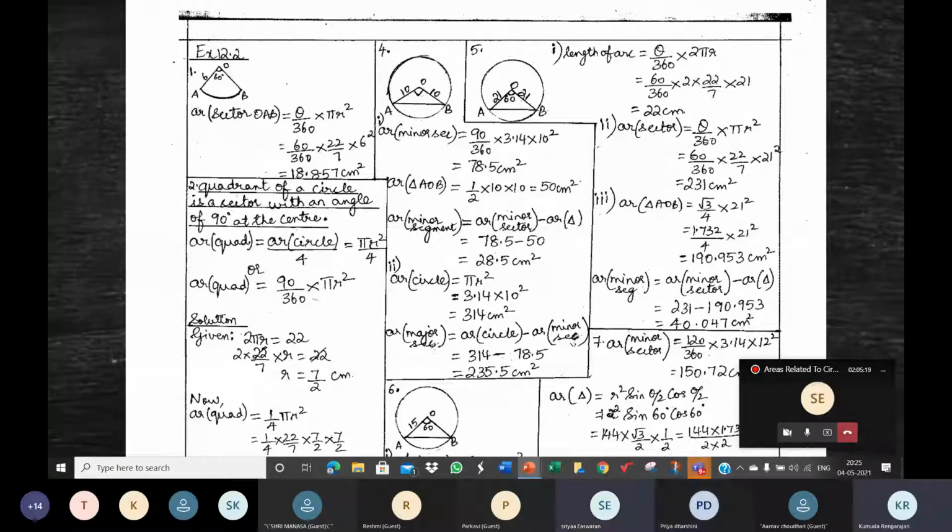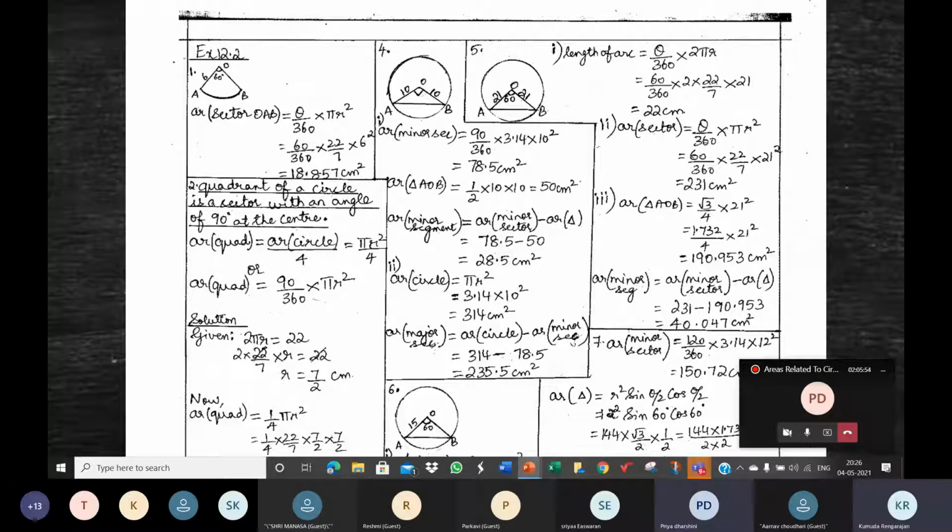Can I, ma'am? Yes, go ahead. By calculating the length of major arc. Just read out this. What are the three things you've added? Ma'am, length of major arc. How did you find the length of the major arc?